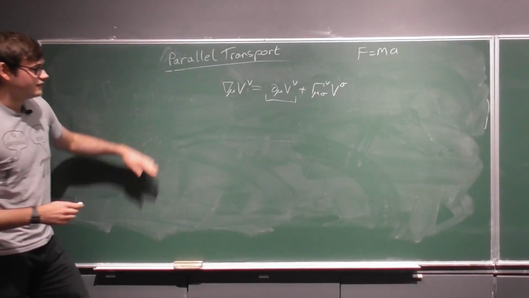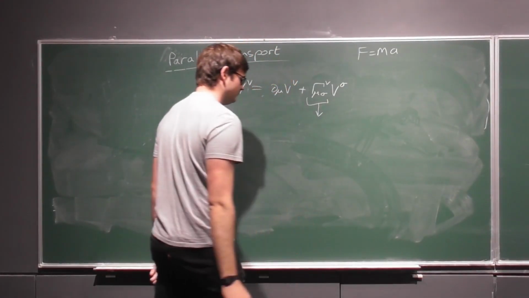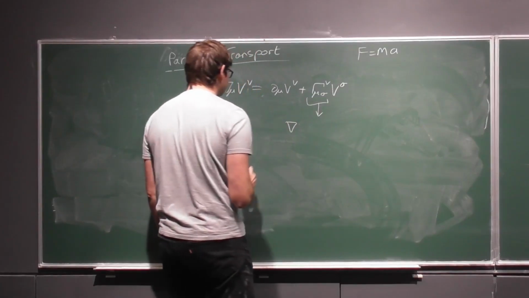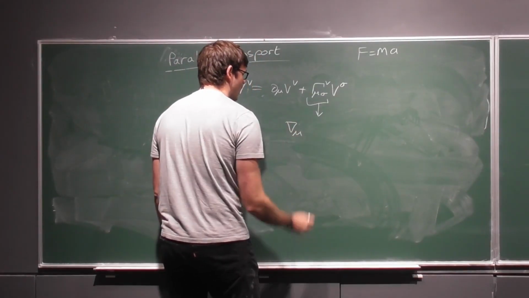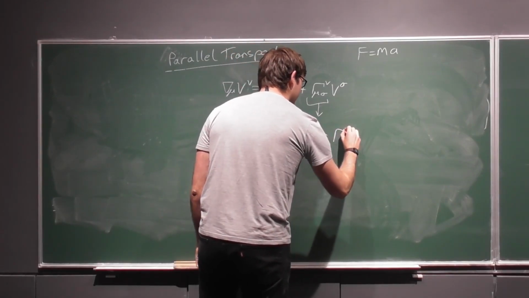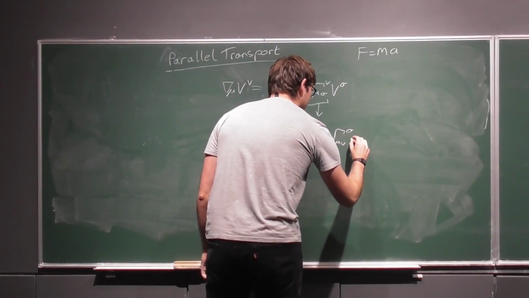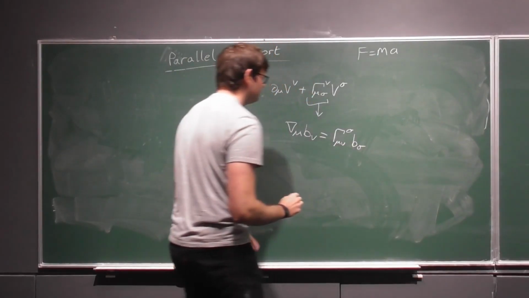When we were deriving the covariant derivative, you may remember for this second term that we had the following relation. When we took the derivative of the basis vectors, we found that this is equal to the following, right?